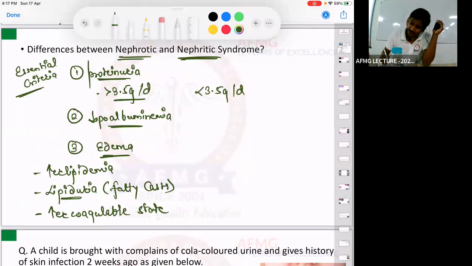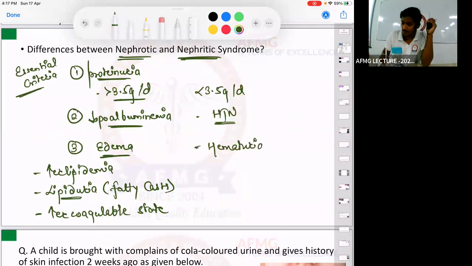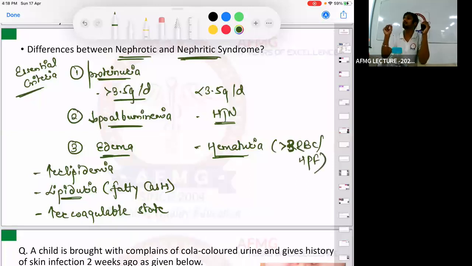less than 3.5 grams per day, the patient will also suffer from hypertension. And the third and the most important feature to differentiate is hematuria. Hematuria means presence of RBCs in the urine. How many? More than 3 to 5, you can say, more than 3 RBCs per high power field of microscope is considered hematuria.